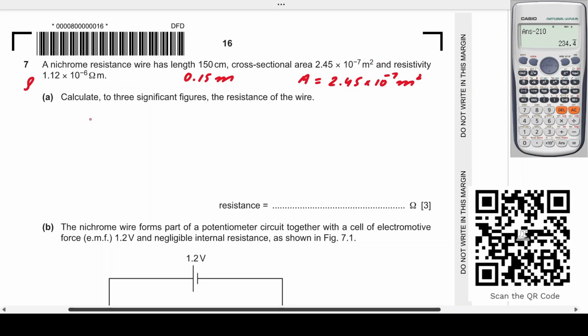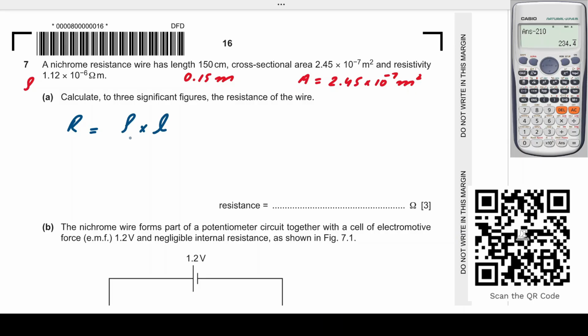Calculate to 3 significant figures the resistance of the wire. So read out the formula aloud: R equals rho L over A.